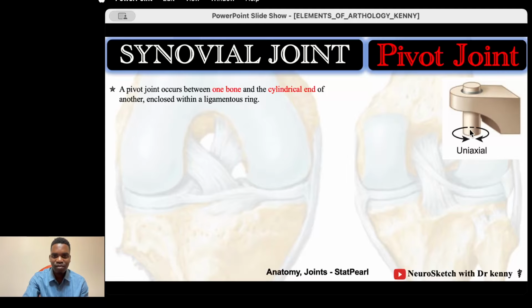So the joint is between this bone and this bone, and as you can see, the movement here will only be rotational, because there are no other ways that movement can be brought about in this pivot joint.